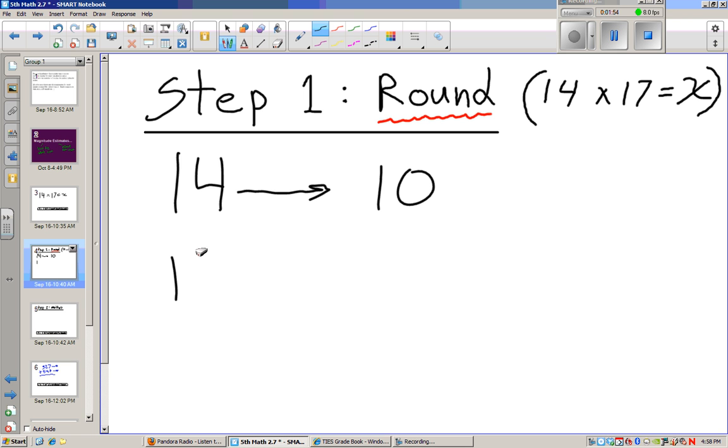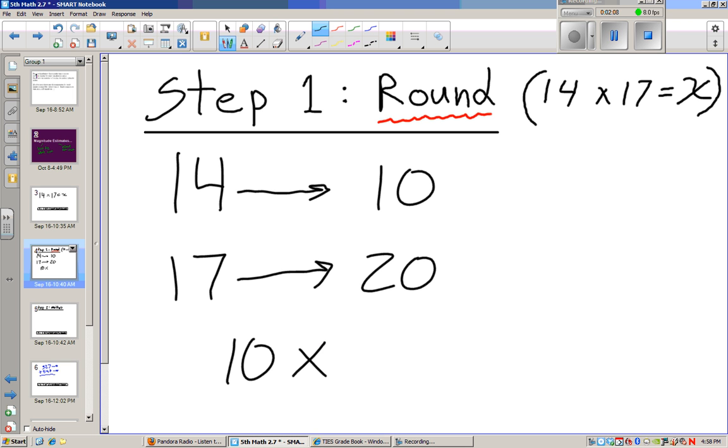We'll do the same thing for 17, rounding to the tens place. A 7 in the ones place tells me to round up. So now I have 10 and 20, and my new problem is 10 times 20 equals x. All of a sudden, I've got a much easier problem to figure out.